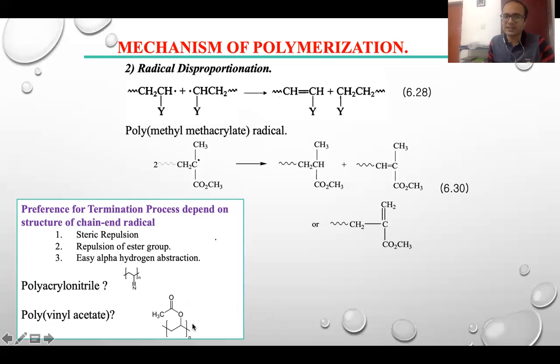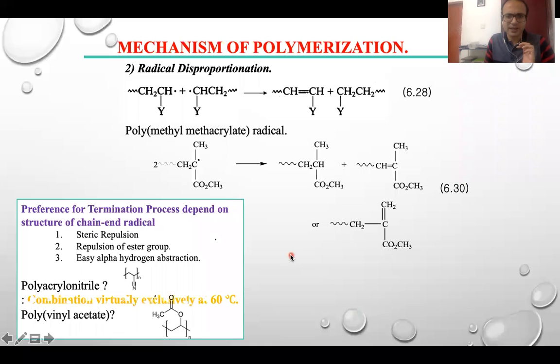So the question asked to you is which of them undergoes recombination and which one will undergo a kind of disproportionation reaction. That's my question to you. You can pause the video and try to answer it, and then remove the pause, and then you can watch the correct answer. So let me move the slide ahead.